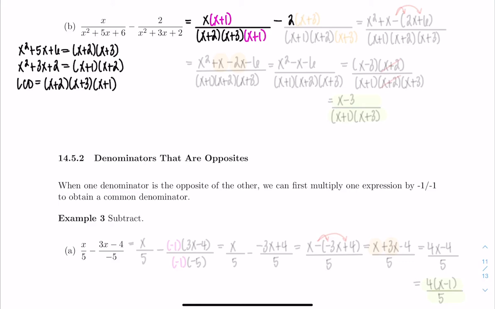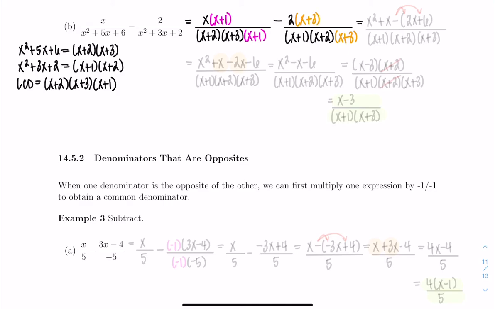We have 2 over, and then in factored form, we've got x plus 1 and x plus 2. And so the piece that I'm missing from this one is x plus 3. And what I do to the bottom, I have to do to the top.